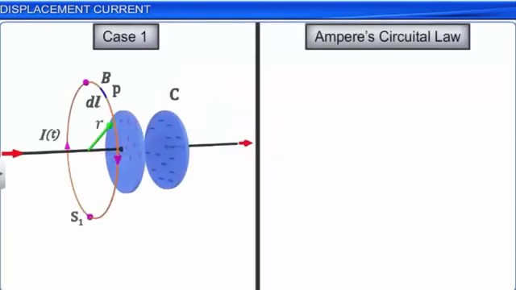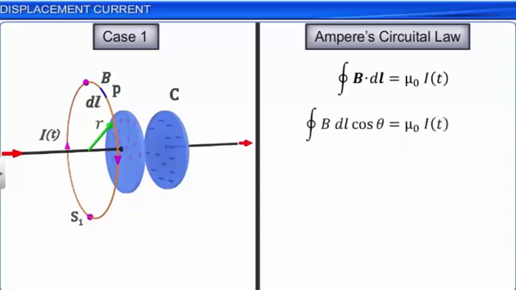From Ampere's circuital law, the integral over the closed loop of B dot dl is equal to mu naught I(t). Since B dot dl is equal to B dl cos theta, Ampere's law can be written as the integral over the closed loop of B dl cos theta is equal to mu naught I(t), where theta is the angle between the directions of the magnetic field B and the small element dl along the circumference.